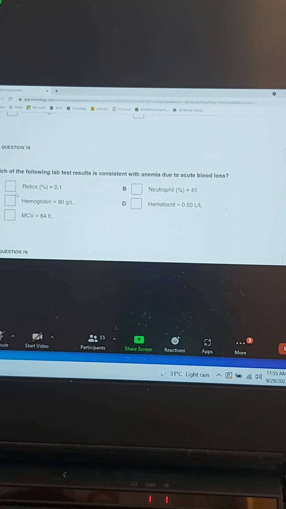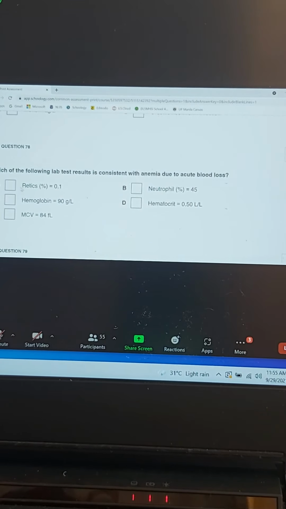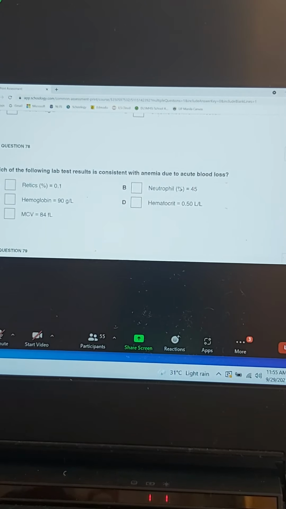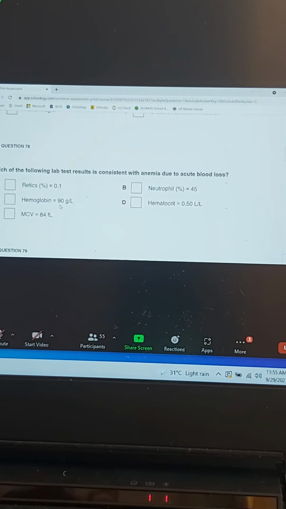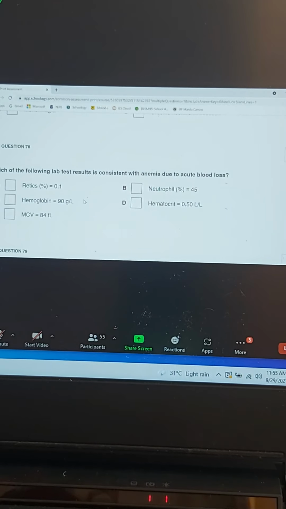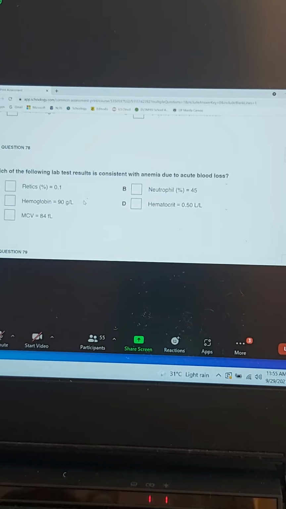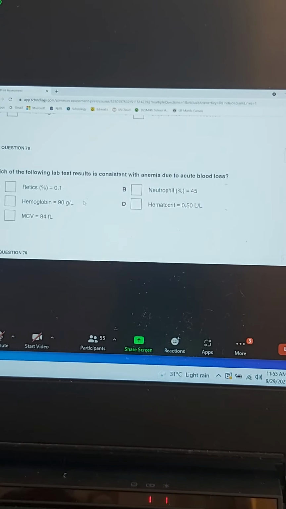Alin dyan? Letter C po. Letter C? Sige, isa-isahin natin.